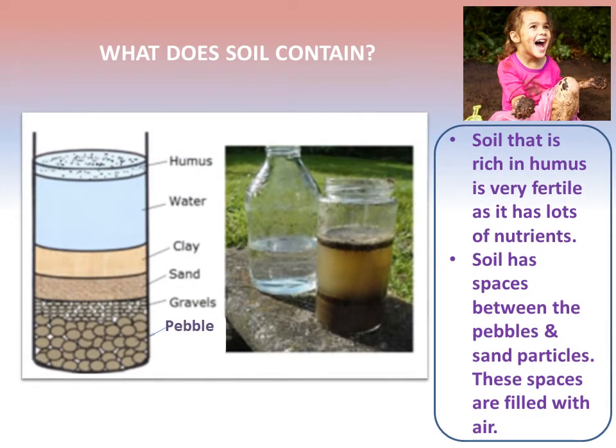What does soil contain? The pebbles in the soil sink to the bottom because they are the heaviest. Pebbles जो होते हैं वो सबसे हेवी होते हैं इसलिए वो नीचे चले जाते हैं.